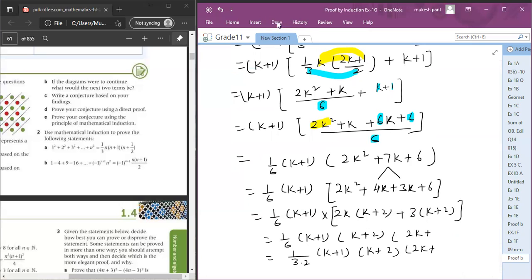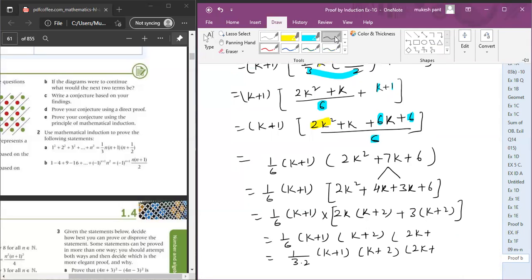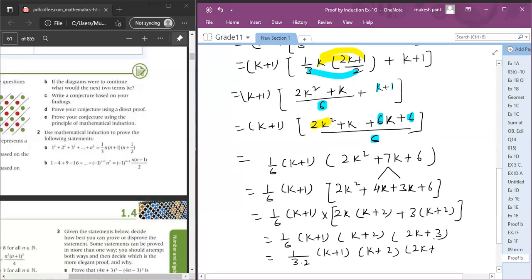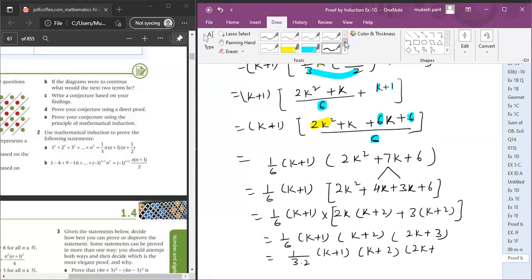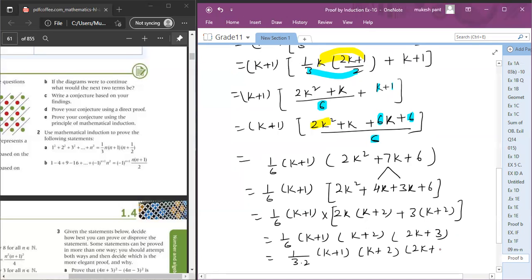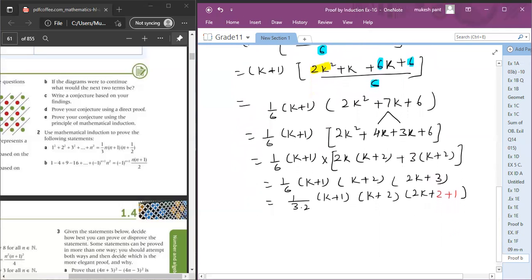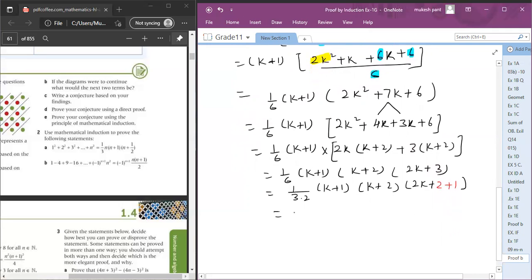Wait, this one, 3 was there. Yeah, here 3 is right here, but here I will split this 3 as 2 plus 1. Why 2 plus 1? Also why I'm writing this 3 as 2 plus 1. Now look here. This is 1 over 3, (k plus 1), (k plus 2).